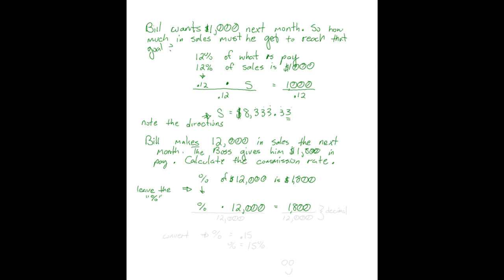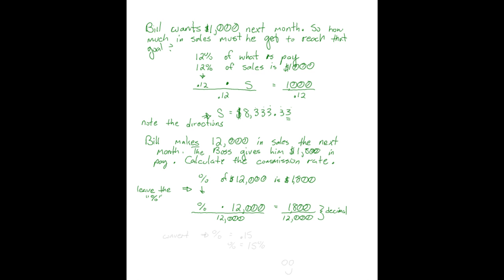Now I'm just going to divide this by the 12,000. If you divide the part by the whole, you're going to get a decimal, and you can always convert a decimal into a percent.